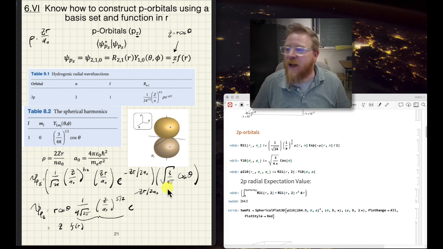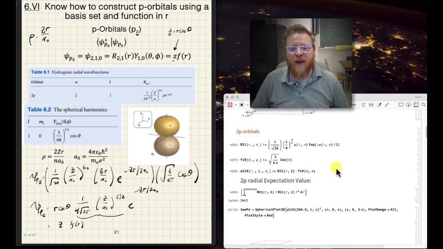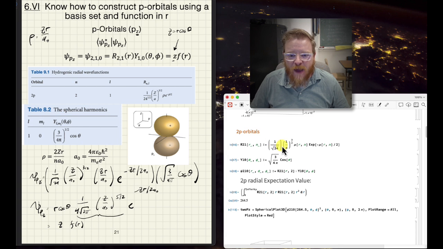So let's take a look at what this looks like. So you can see there's a picture of it right there. But here now in my Mathematica, I've got all of this stuff in, and I punched it in exactly like was given from these tables. You know, there's the 1 over root 24. I made Z equal to 1 for hydrogen. Here's my Y10.